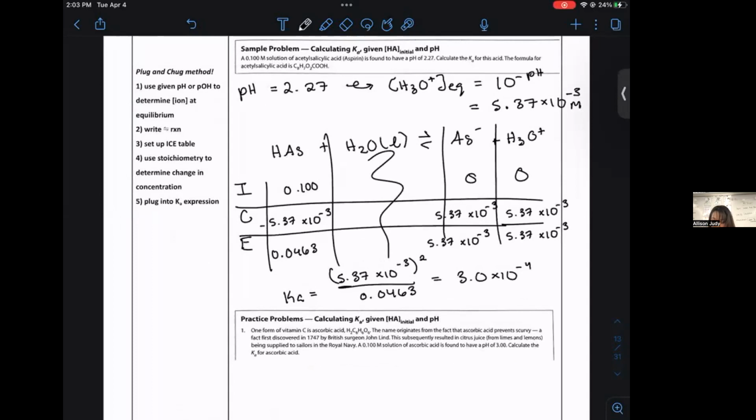That should be what it is if all the math ends up being correct.